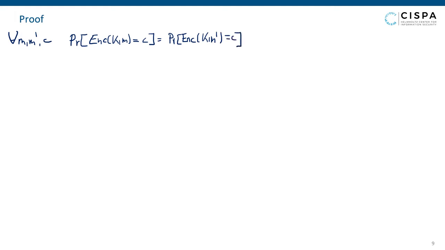So what this means is essentially that this probability here is the same for every message m. It sort of only depends on the ciphertext c.